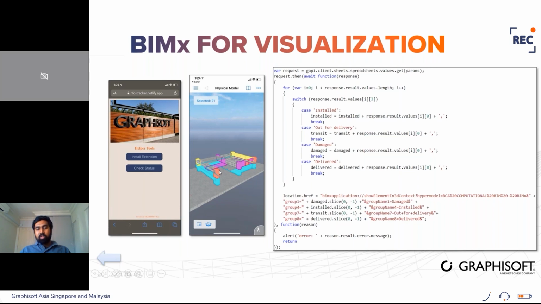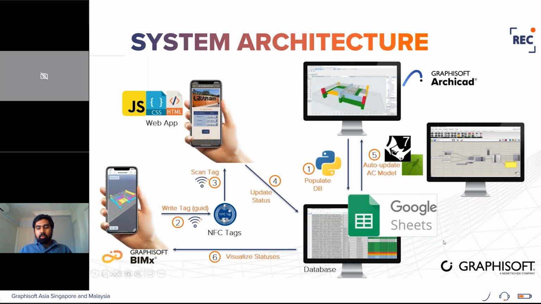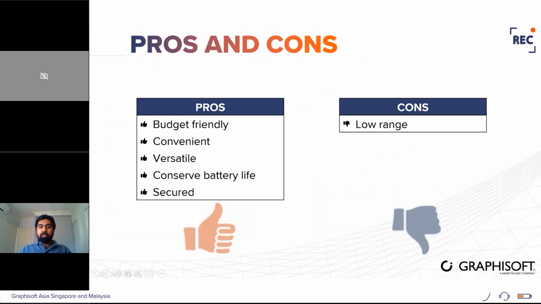So it shows the BIMx model in real time, which means that anybody from anywhere can use any device to see the statuses, including the developer or the owner, whoever it is, with respect to project stakeholders. And after visualizing, I think we are done with the system architecture. So we will go ahead to see the pros and cons of this NFC based tracking system.